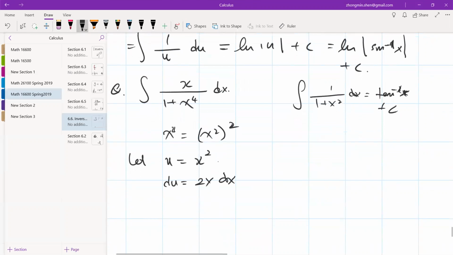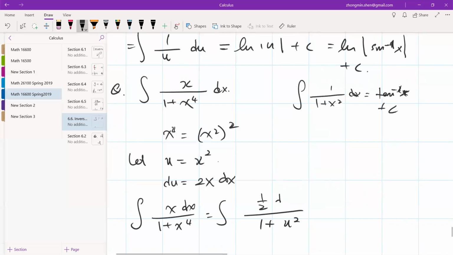All right, so almost done. So the integral of x dx over 1 plus x to the 4th power, this is just 1 plus u squared. And x dx is half of du.